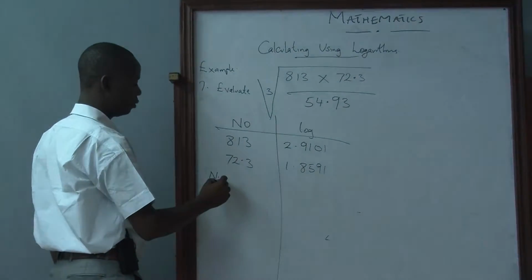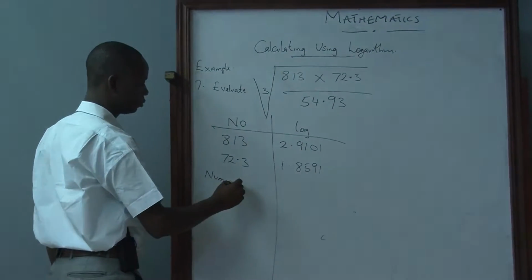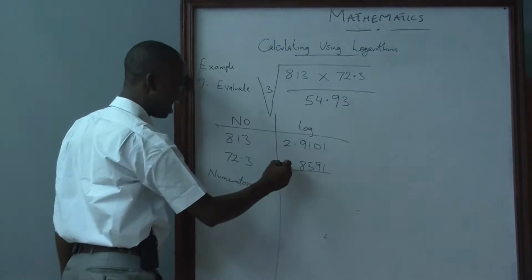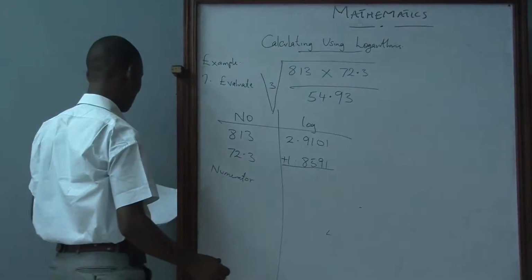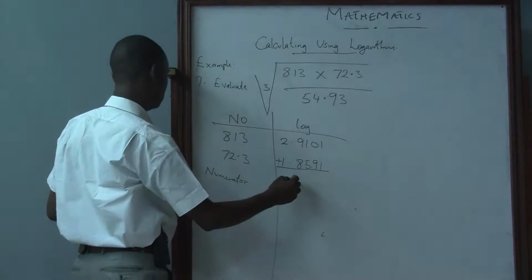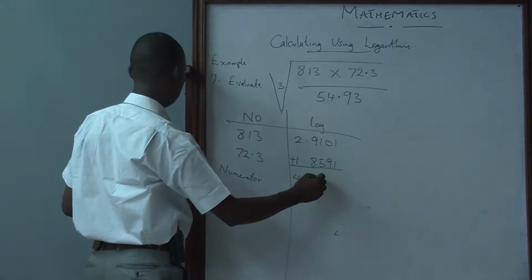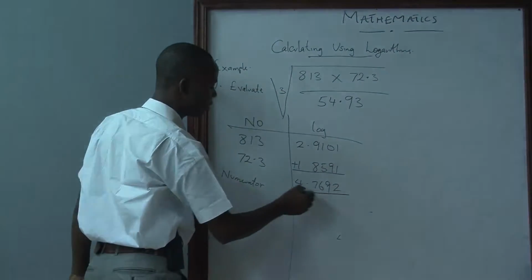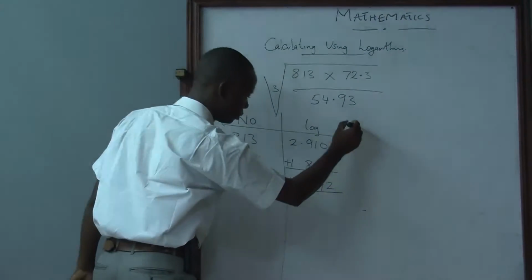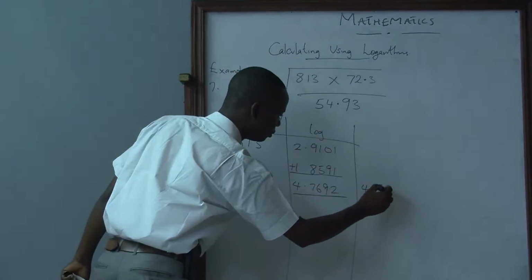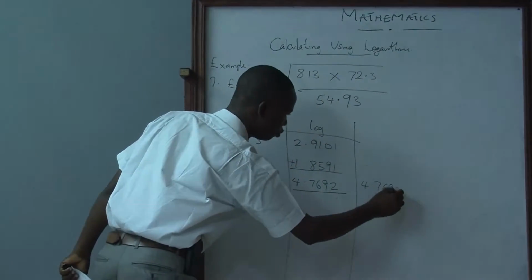The numerator, since it is multiplication, we just add their log together. And the answer we have there is 4.7692. That's the numerator.